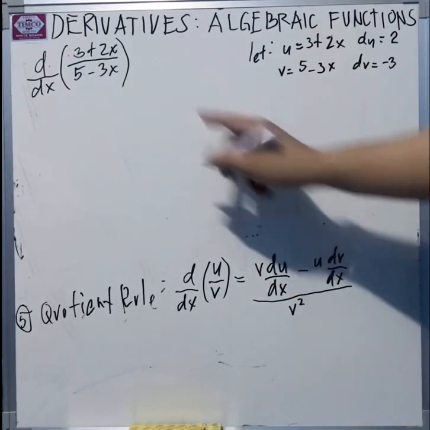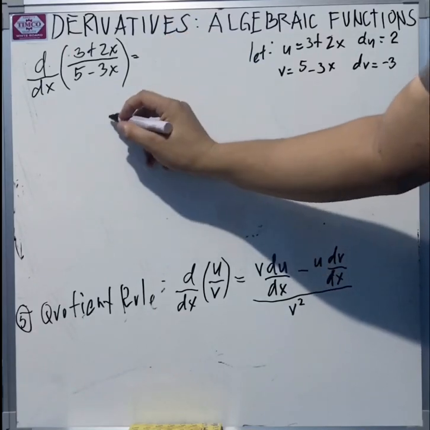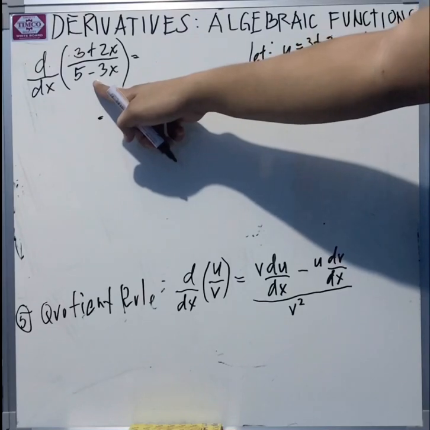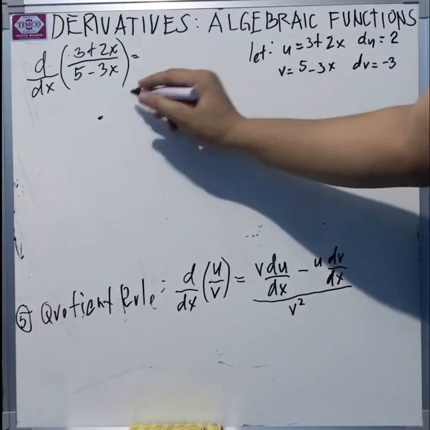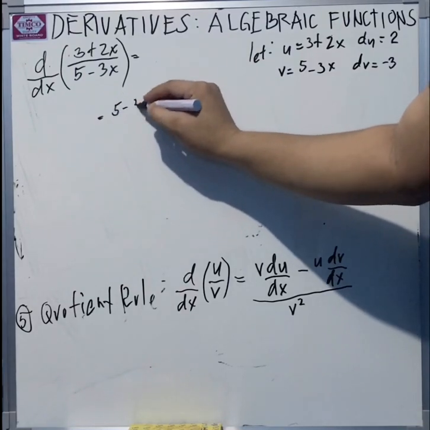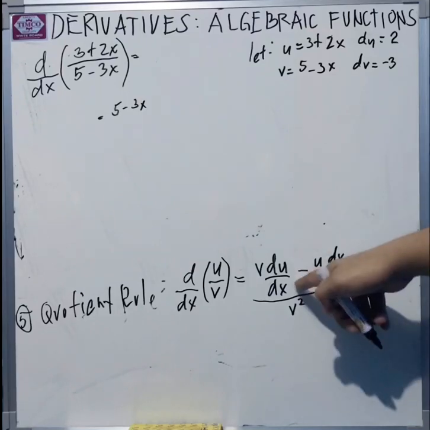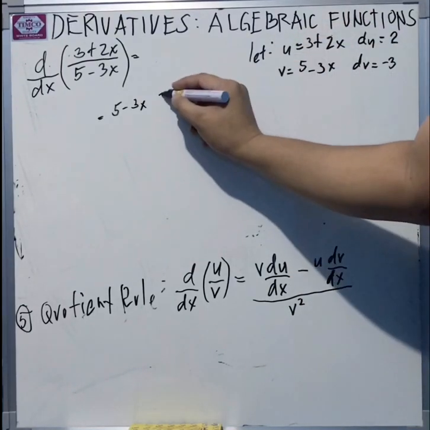Okay. So the derivative of the quotient of functions is equal to v, which is 5 minus 3x, multiplied by the derivative of u, du, which is 2.